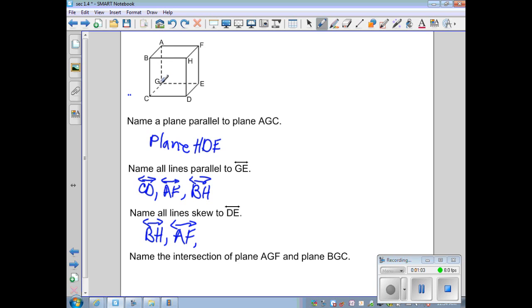Line AG and BC also do not intersect with DE, and they are also not in the same plane as DE. Therefore, AG and BC are skew to DE.